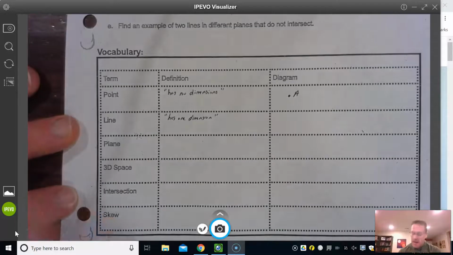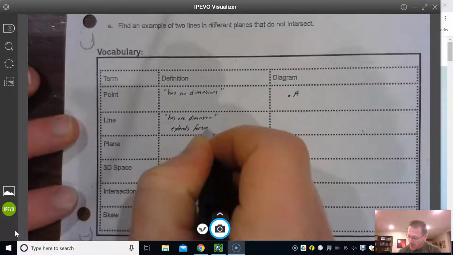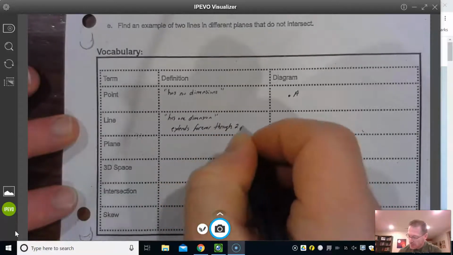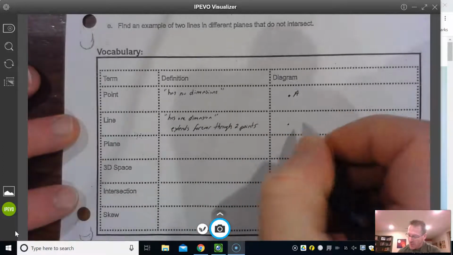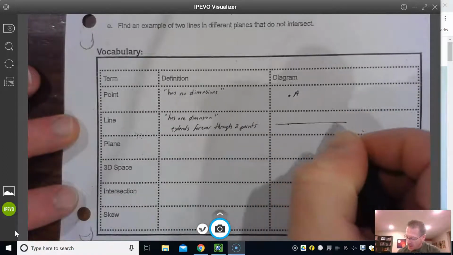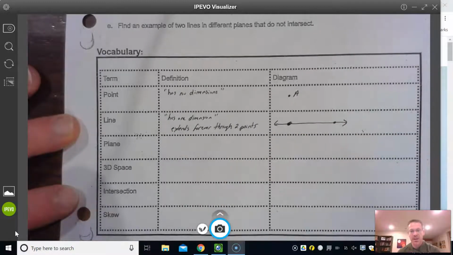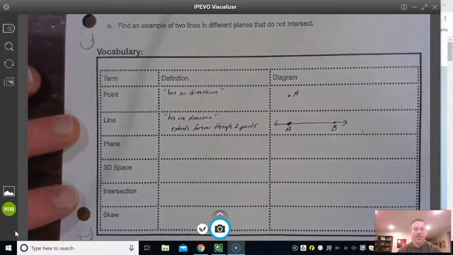It extends forever through 2 points. We got into this a little bit before: if we have a line, we put 2 points on that line, and we usually put arrows at the ends, which denotes that it keeps going. We usually use 2 capital letters to label a line.